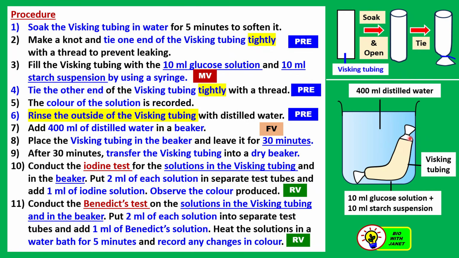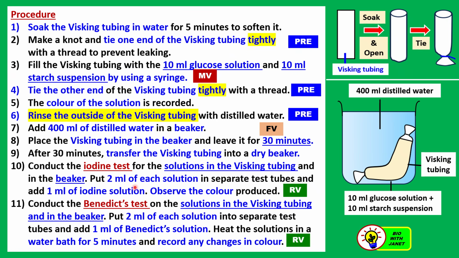Don't simply spill all the Visking tubing contents out into the distilled water at the end of the experiment. Take out the Visking tubing very carefully, and this distilled water here, you're going to test for the presence of starch and glucose also. And the Visking tubing, you're also going to test for the presence of starch and glucose. So conduct the iodine test for the solutions in the Visking tubing and in the beaker.